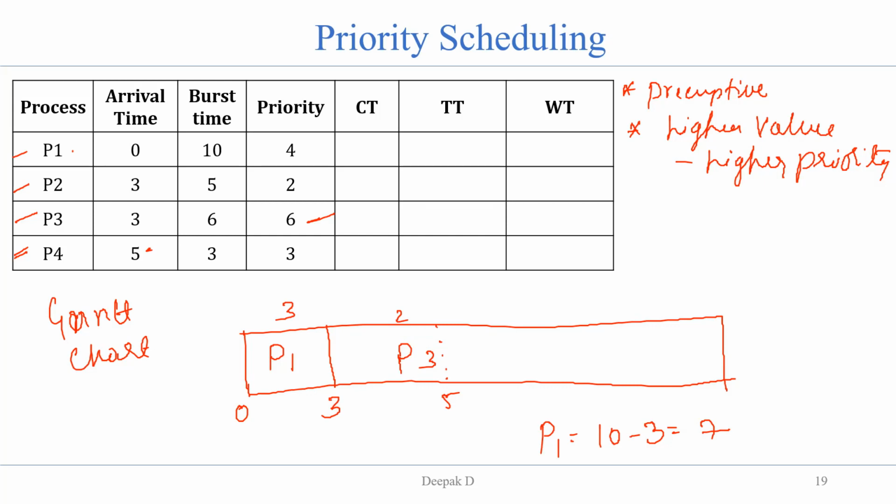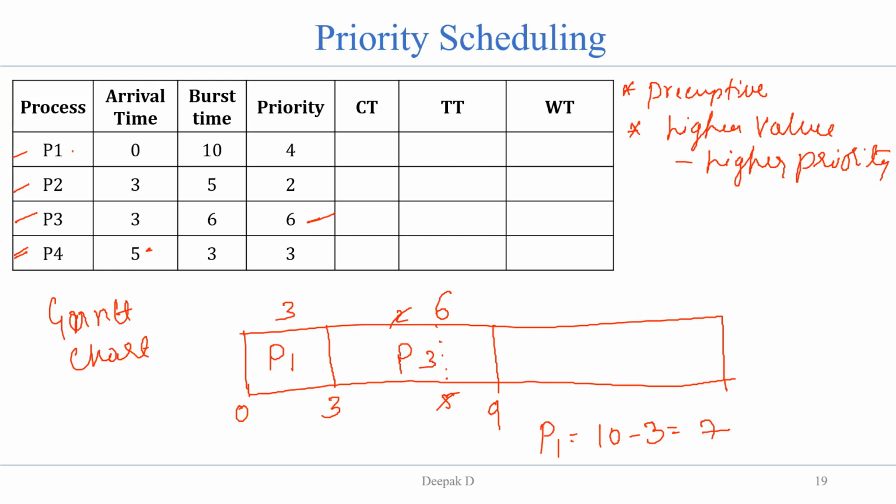The remaining time with P3 is 4 more seconds. So now P3 is completed at 9. Now it is done.